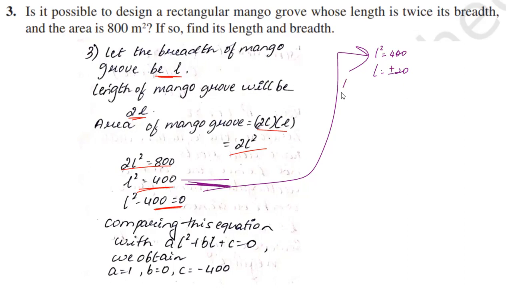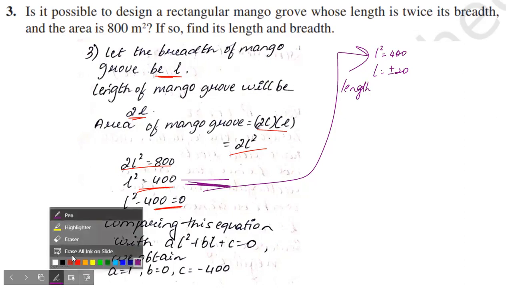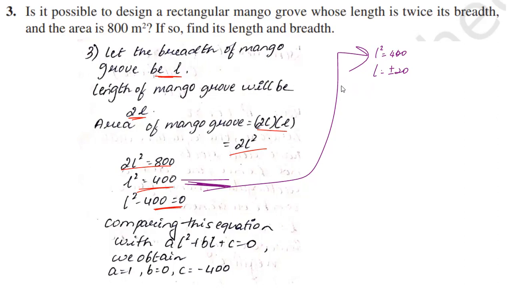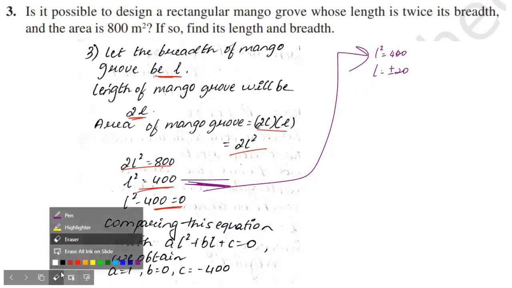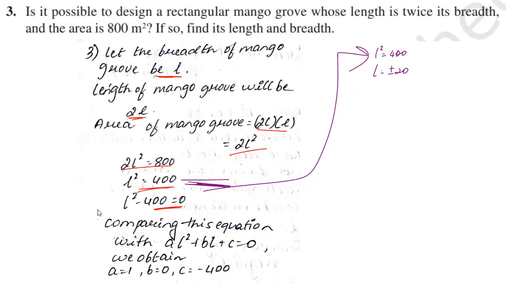So length, no, it is breadth, right? Sorry. I will explain the remaining part of the question also, but just copy this down. So breadth cannot be negative.